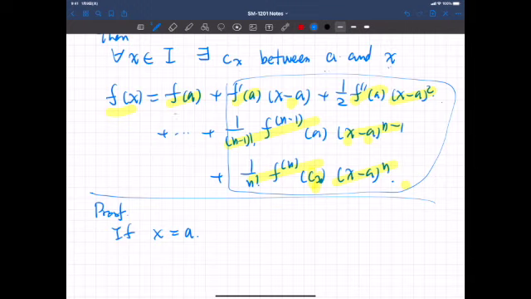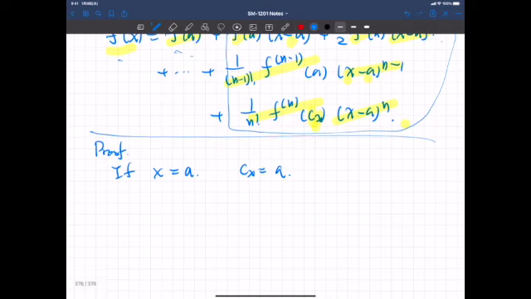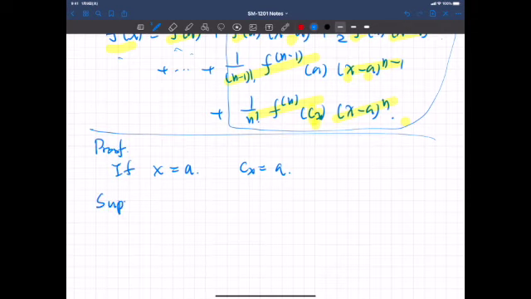So the left hand side is just equal to f of a. So it's trivial. So we could just set cx equal to a.